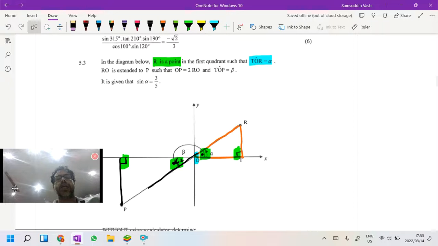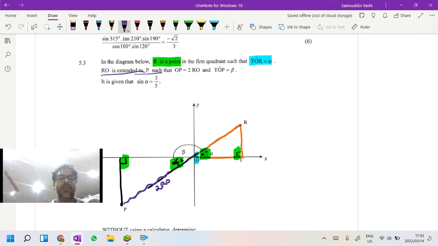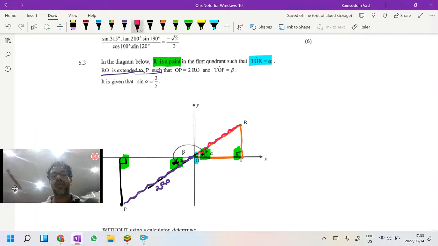And I can use the ratio for their unknown length. Now RO extended till P, which we have already checked, so that OP is 2 times RO. That OP length is double of what I have in the smaller triangle. So if I get 6, I'm going to make it 12. If I get 5, I'm going to make it 10. So let's read further again.